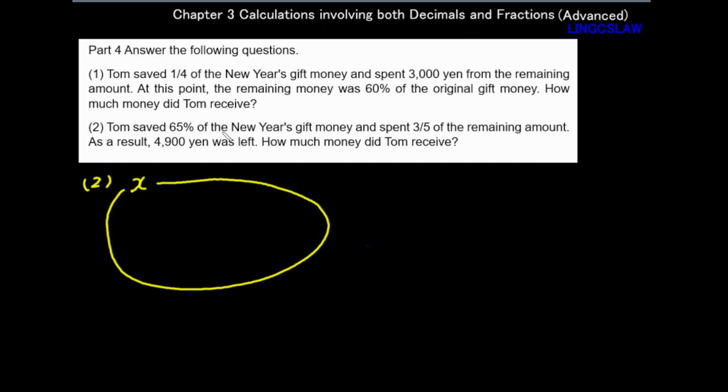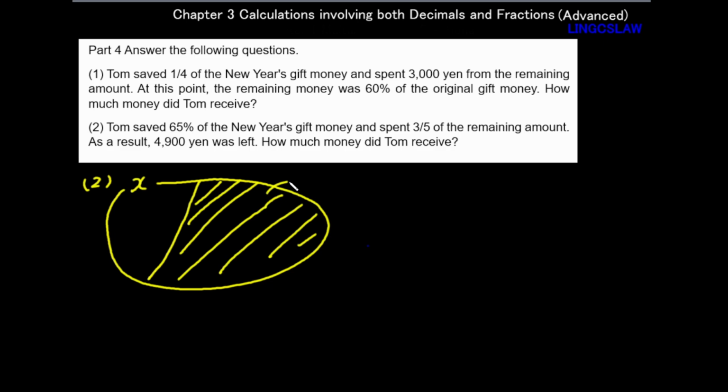And Tom saved 65% of the New Year's gift. So this is 65%, so this means 0.65x. And spent 3/5 of the remaining amount. Remaining amount is 0.35x.